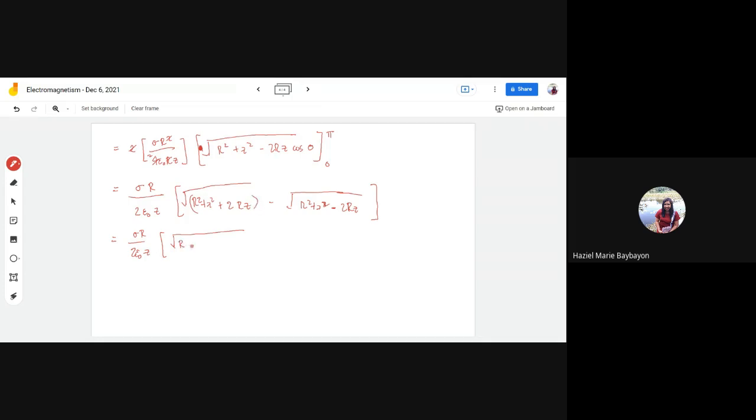So r squared plus 2rz plus z squared is equal to (r plus z) squared, while the other one is equal to the square root of (r minus z) squared. And then we have to take the positive root.